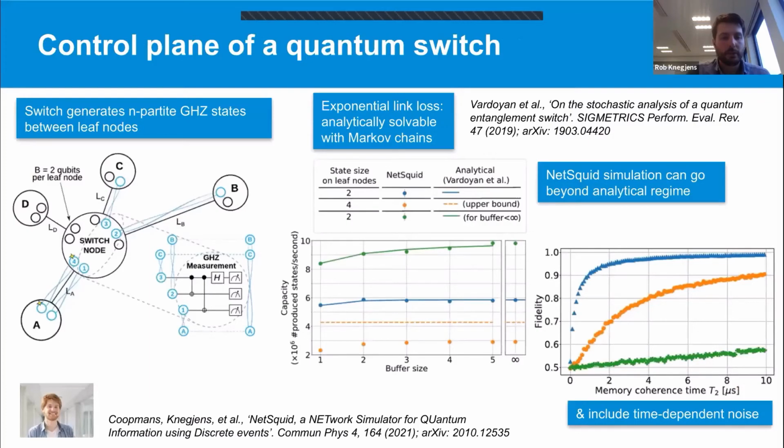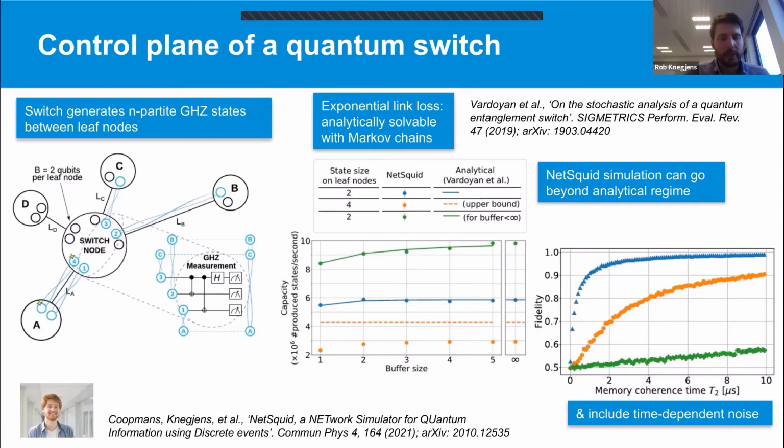Another one, this was the work of the co-author Tim Koopmans for his PhD, was to study the control plane of a quantum switch. So Diane Bardian, I think, and the group of Don Towsley, they proposed this quantum switch that can generate n-partite GHZ states between different leaves in the star topology.